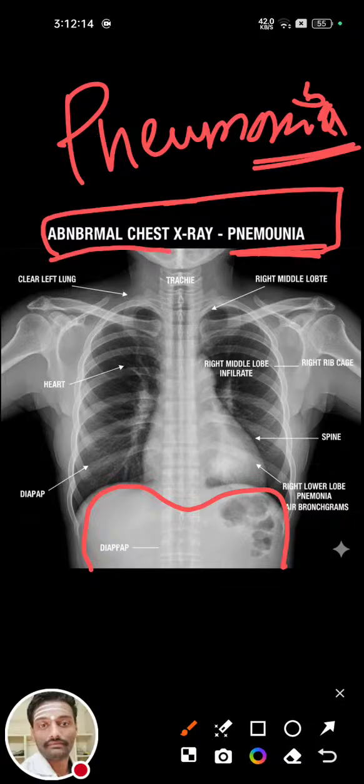What are the changes in pneumonia? How do we differentiate the pneumonia chest x-ray? Let's discuss. If you already know about the pneumonia case, yes or no, tell me in the comments.